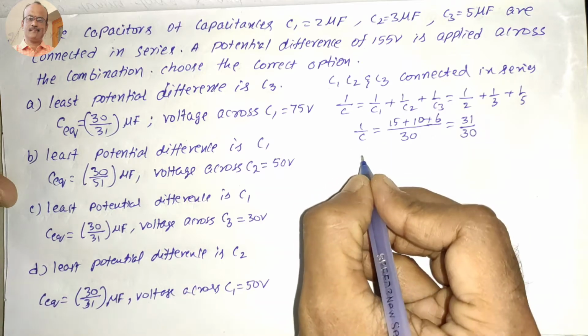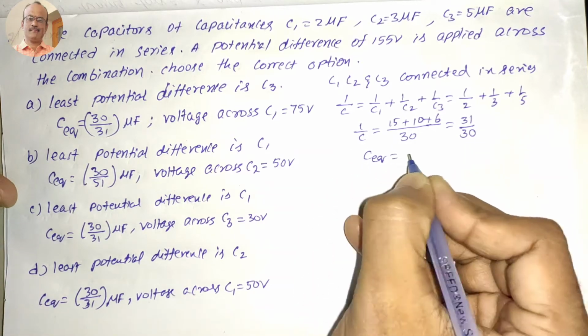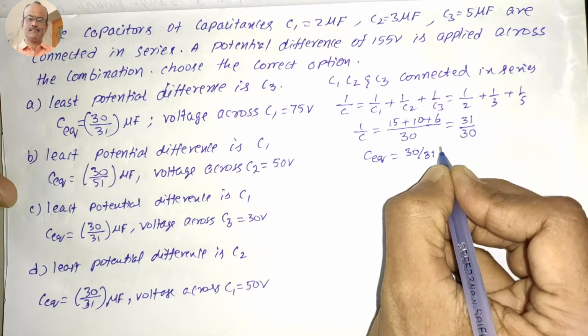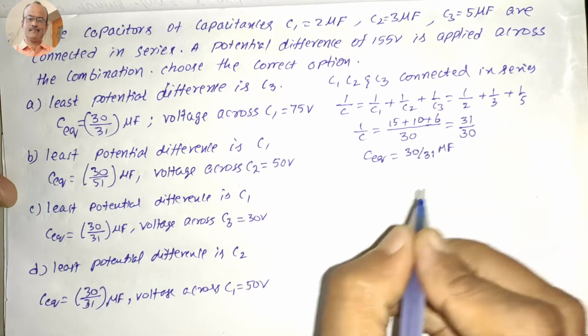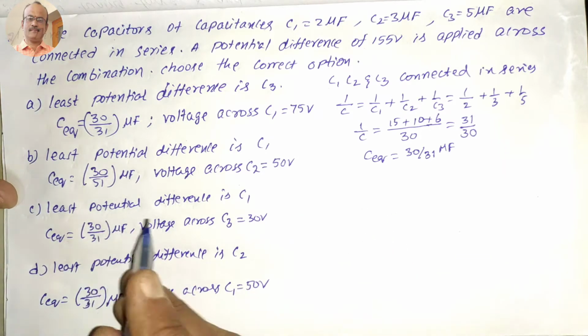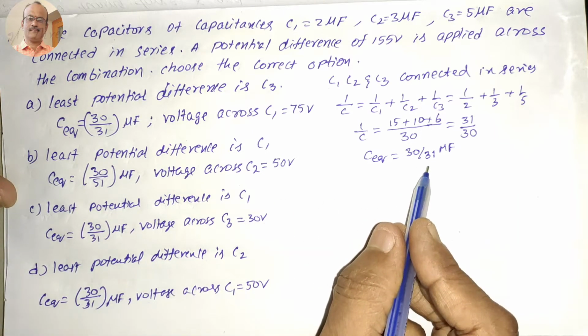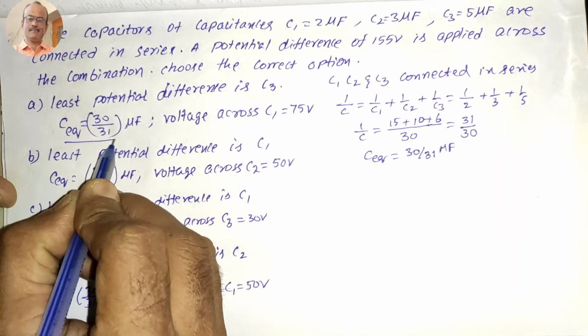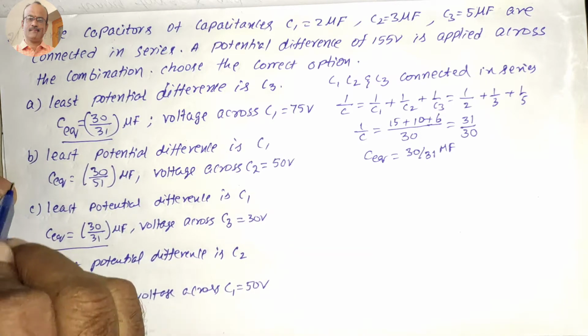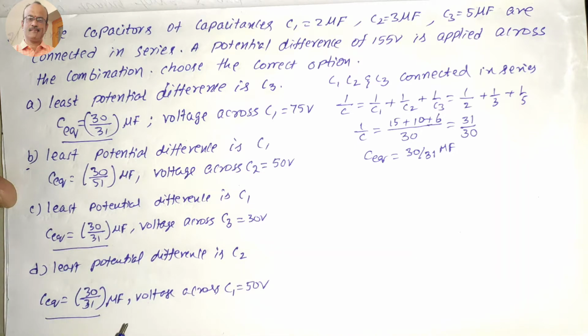So the combination C equivalent is equal to 30 divided by 31 microfarads. But one thing remember here, observing all these ones, 30 by 31 is present in A, C and D. So that means we will neglect B.